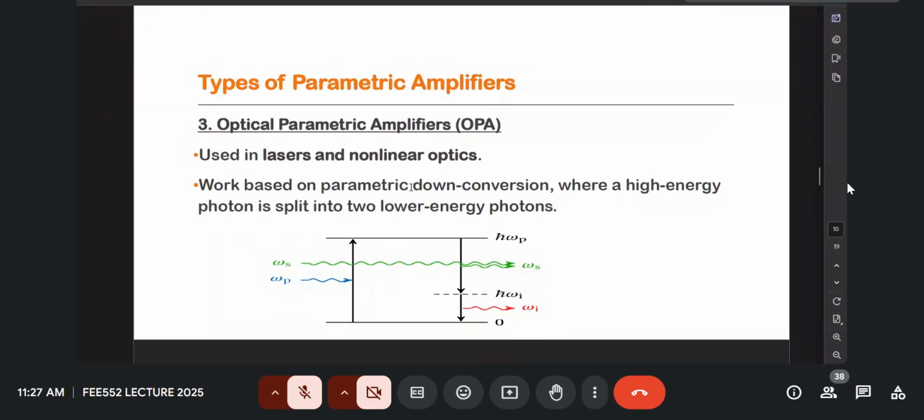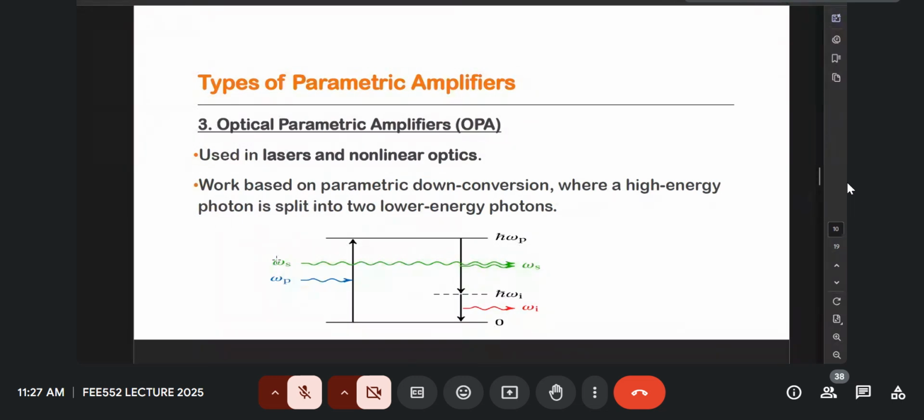Davis and Amitai yesterday mentioned the photon splitting in their presentations, and I hope you captured that. So here we have the high energy frequency omega p, in terms of radians, which you can see by the arrow. It has a high power. And another input is omega s, the signal frequency or the input signal.